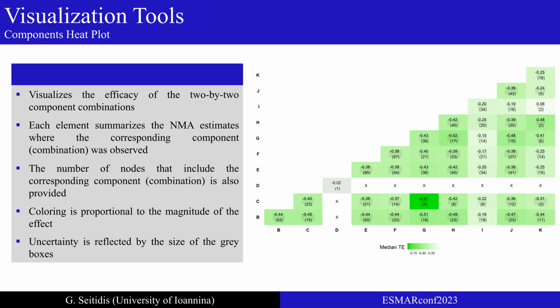However, we are moderately confident about the results because of the uncertainty in the estimates, which is reflected by the size of the gray boxes. The smaller the box, the more confident we are about the finding. The component heat plot can also be adjusted to display Z values instead of relative effects.